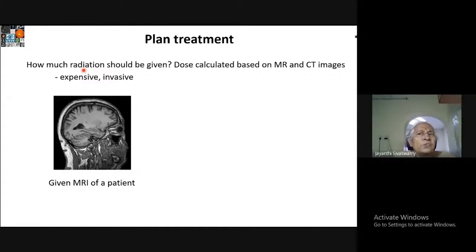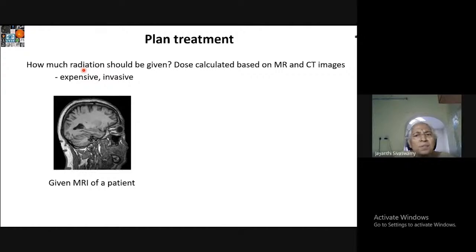And as you all know, taking each image is very expensive and time consuming. So with image analysis, and this is the latest advance in the last few years, given an MRI, I can use machine learning to estimate the CT of the same patient to save cost and time.